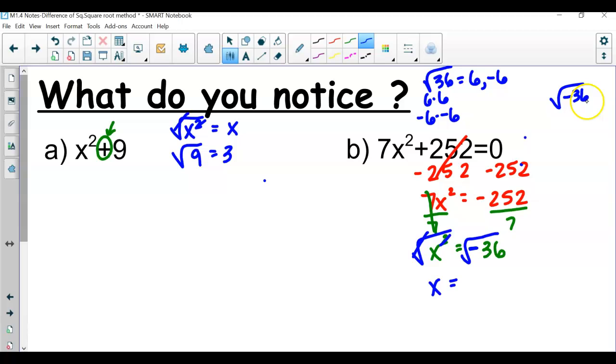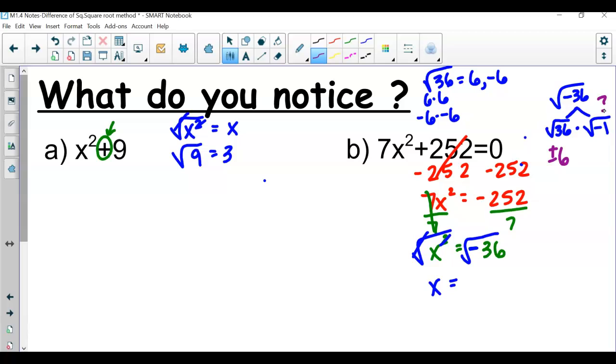So here, basically, if you think about it, if I have the square root of negative 36, if I were to break this apart into two radicals, this is the same as the square root of 36 times the square root of negative 1. Well, okay, we just said the square root of 36 is positive and negative 6, right? So then what is the square root of negative 1?